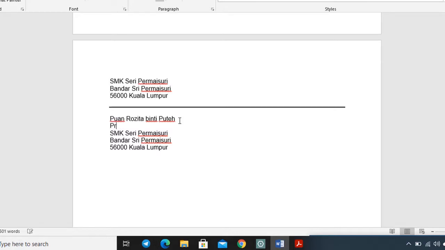So you write her position here: Principal, SMK Seri Permaisuri, Bandar Seri Permaisuri, Kuala Lumpur. There's no harm in writing the name of your pengetua or your principal. Why would you want to write some other names? Just use the name that you know. You know that your principal is Puan Rosita, because I saw that some of you wrote strange names for the principal during the trial exam.